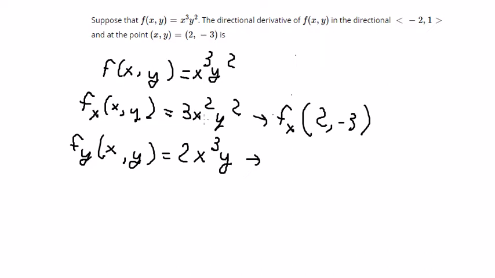So we put number 2 in here, negative number 3 in here, and that should be about 3 multiplied with 2 squared, negative 3 squared. You got about 108.